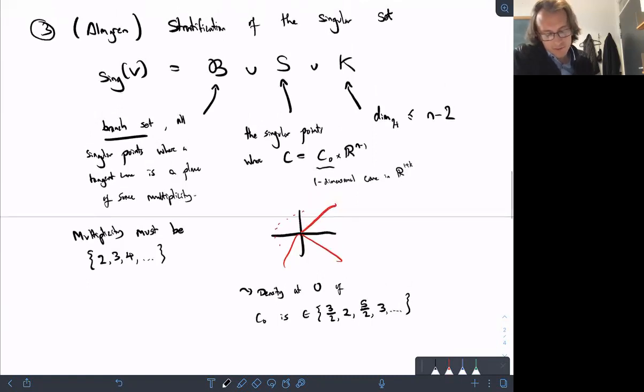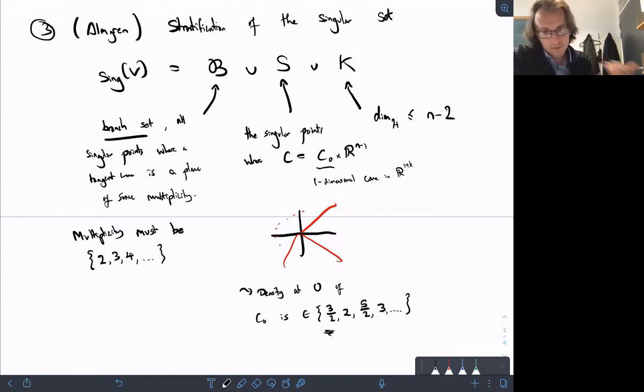Again, we understand from Simon's result above that if C0 has density 3/2, i.e. it's comprised of 3 half lines, then the singularity has to be a triple junction singularity.